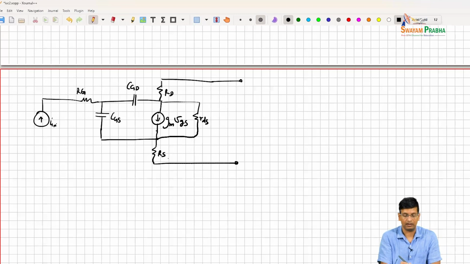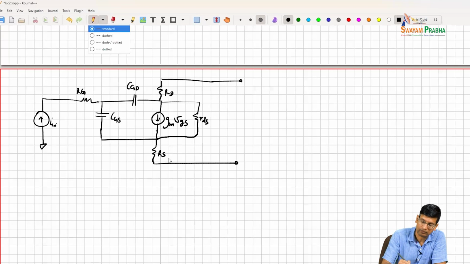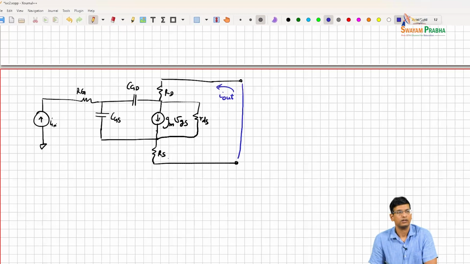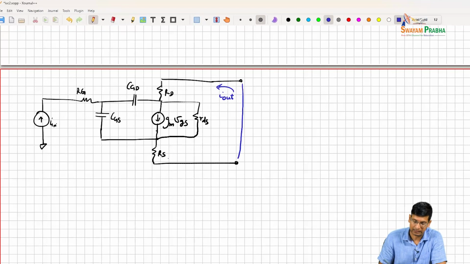So under the same scenario, what I can do is short my output, where I'm trying to find out what this I out is.